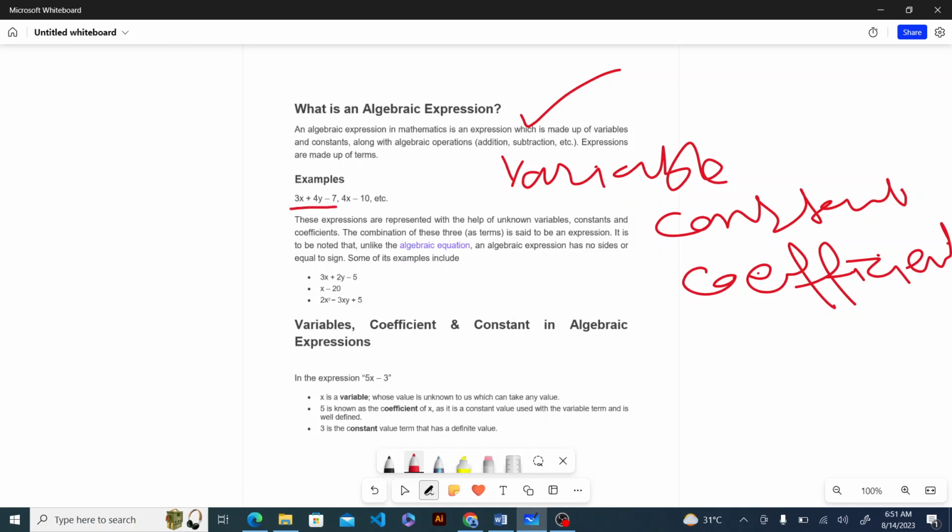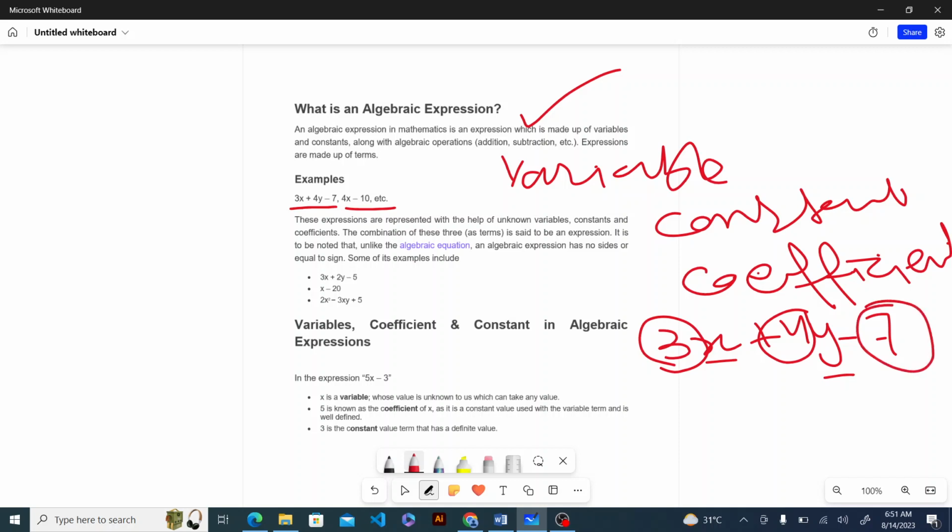This is the first example and this is the second one. The first algebraic expression is 3x plus 4y minus 7. So this is a combination of variables. x and y are variables here, 3 and 4 are coefficients, and 7 is constant.